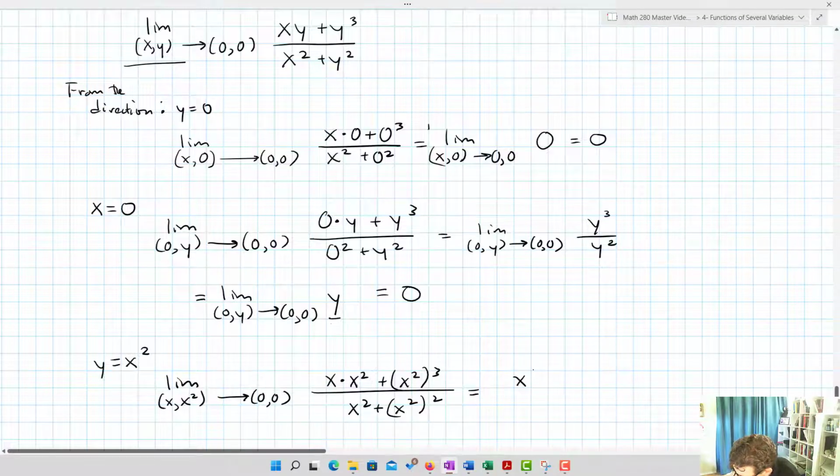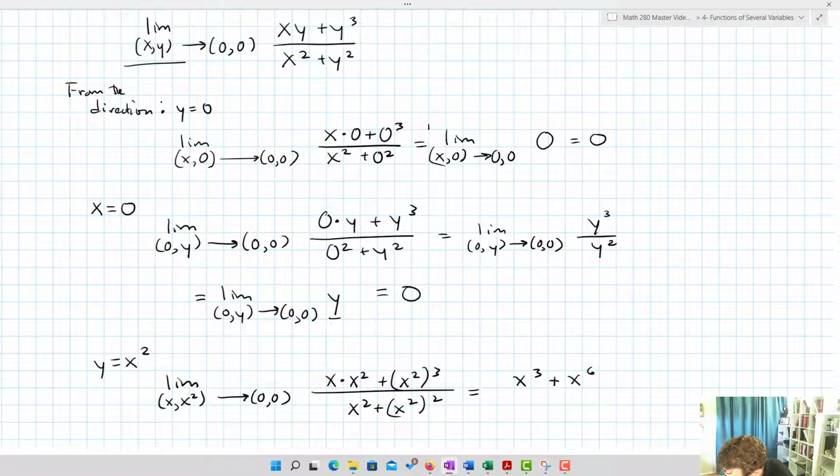And this is then x cubed plus x to the 6th divided by x squared plus x to the 4th.